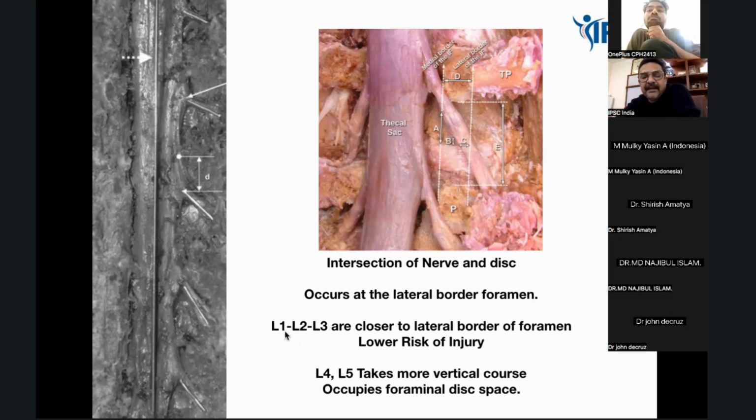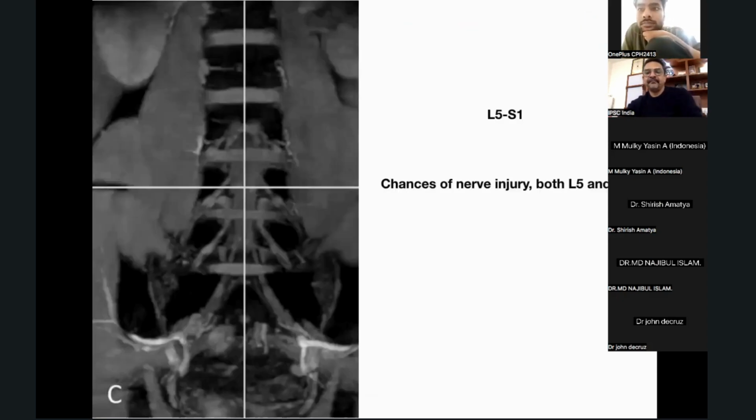L1, L2, L3 are closer to the lateral border of the foramen, so there is less risk of injury if you're doing something at the upper lumbar level. L4, L5 takes a more vertical course and so occupies the foraminal disc space. That's why the chances of DRG involvement or compression of the exiting roots are more at the L4, L5 level. Chances of nerve injury are maximum at L5, S1.